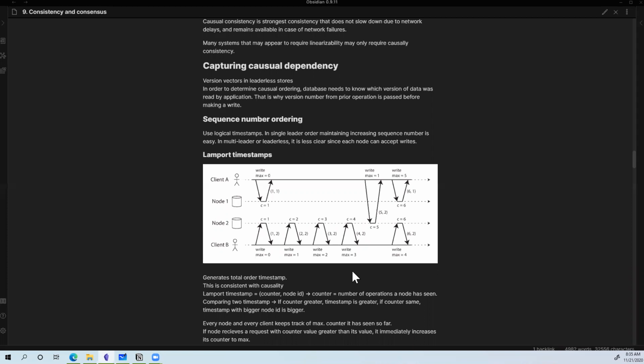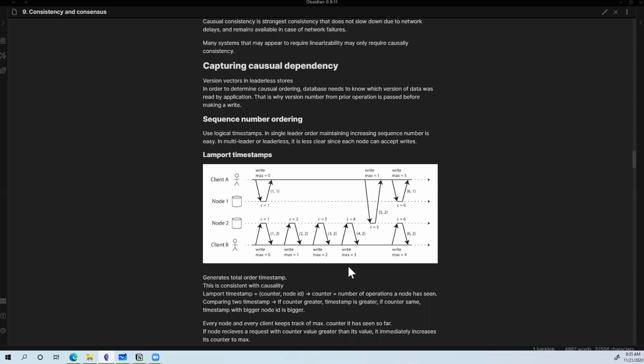If we look at client A, after the write max equals 1, that's going to be the total order, because after that we know what the max is so far in the system.